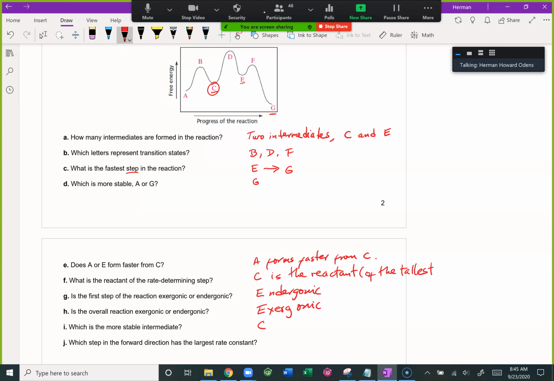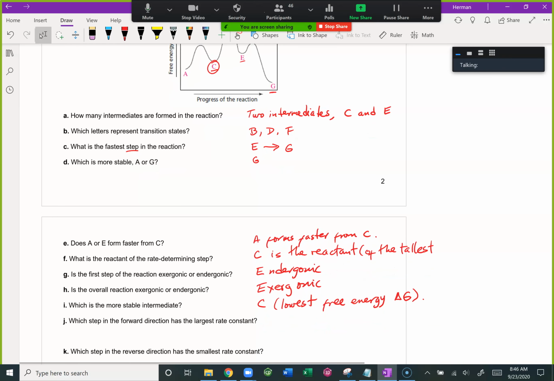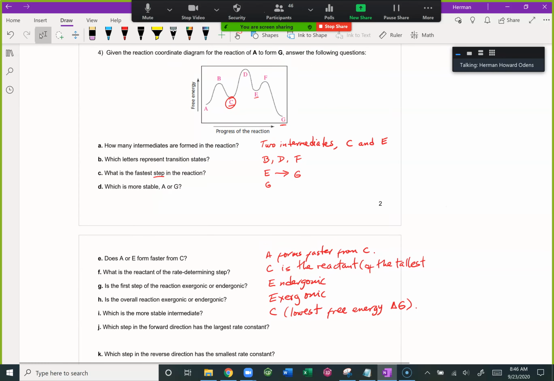So C has the lowest free energy, also known as delta G. All right. Which step in the forward direction now has the largest rate constant?